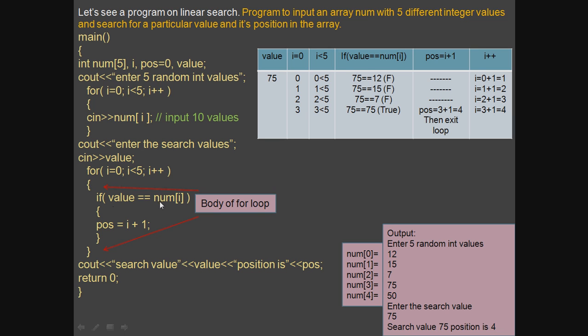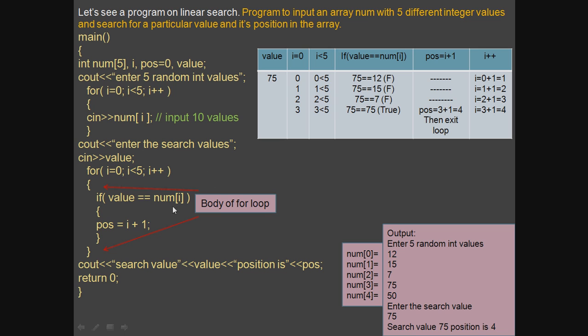So the boolean expression: if value equals num[i], or num[0], right? You can see here the search value is 75, and in the first case i equals 0, so 0 is less than 5. Yes, true. Now, if value is equal to num[i].